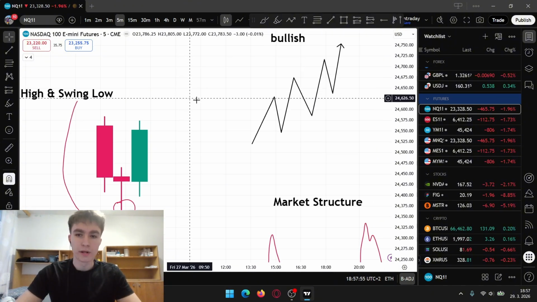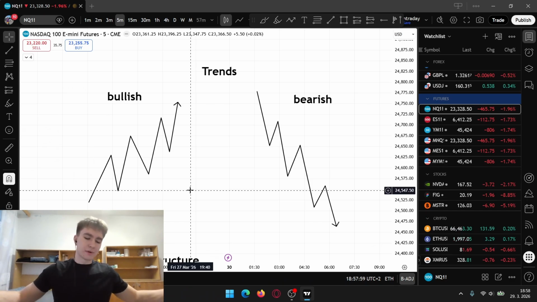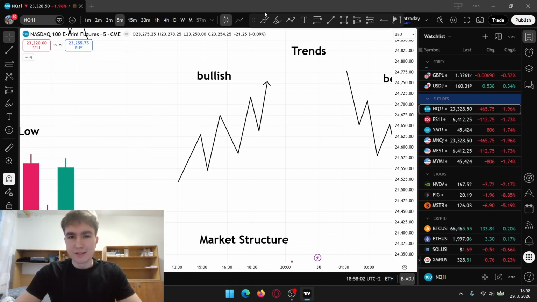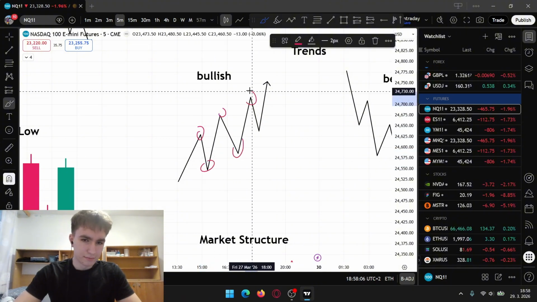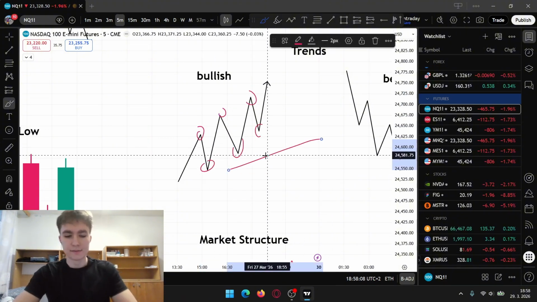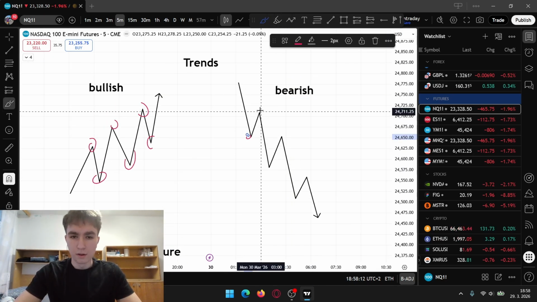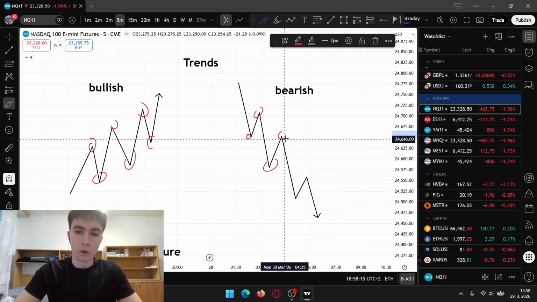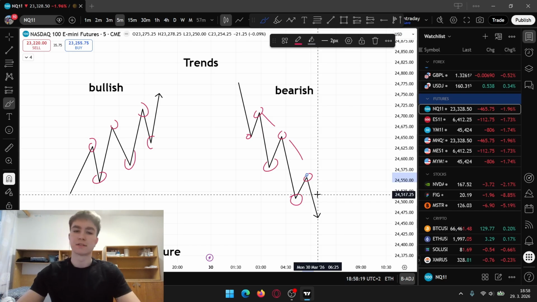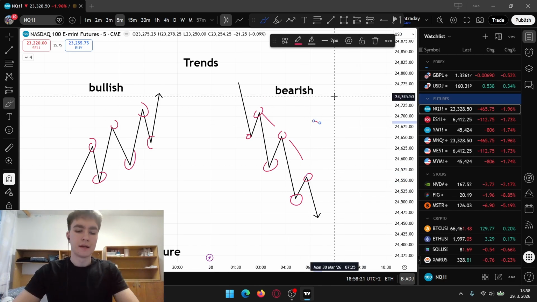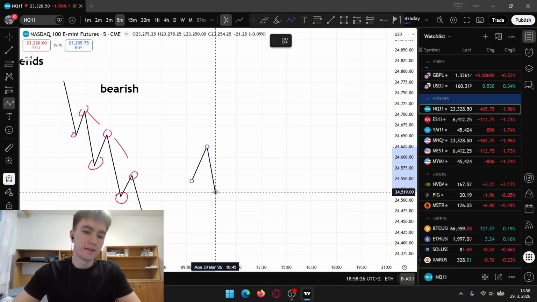The next thing we want to understand is trends. It's really intuitive. A bullish trend is just when we are forming higher highs and higher lows. And the opposite for the bearish trend, we form lower lows and lower highs, on and on. But there can also be a third type of market, when it's consolidating.